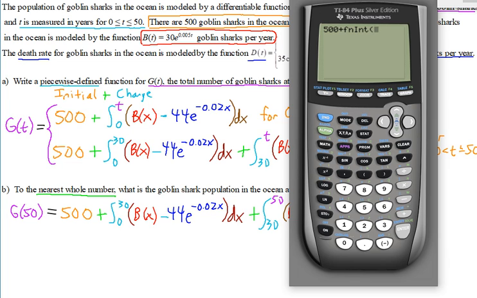So on the older ones though, you first put in what you're integrating. B of X, that was Y1, so vars, Y variables, Y1, minus this was Y2, first part of D of T, and then comma, X is our variable. On the newer ones, you put it next to the D for dx. And then comma, lower limit 0, comma, upper limit 30. Close parentheses on that integral.